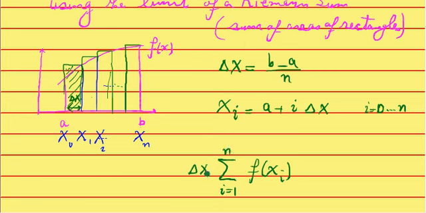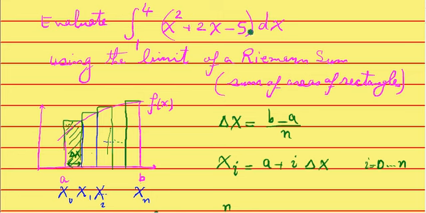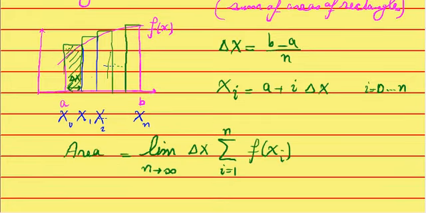That is going to be the approximate area. Now if I take a limit of this as n goes to infinity, I'll be getting my exact area. In any problems similar to this, you have to go through the same procedure and put all the pieces together and find what the limit is going to be.